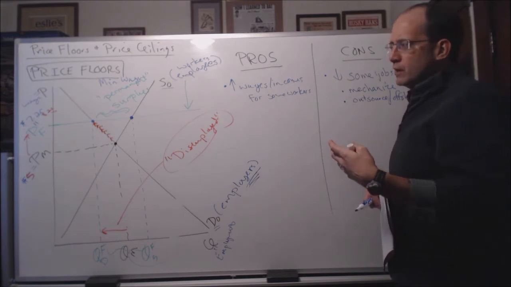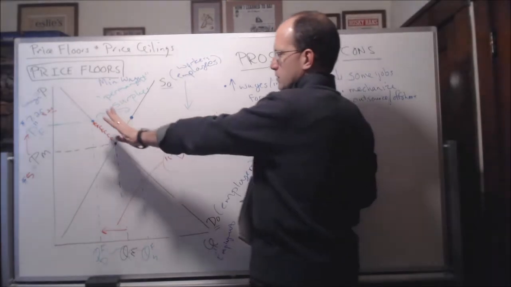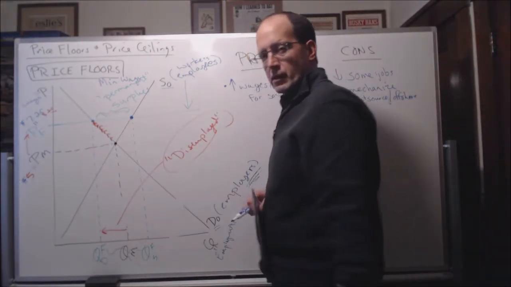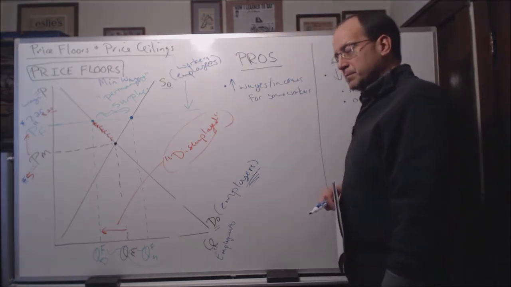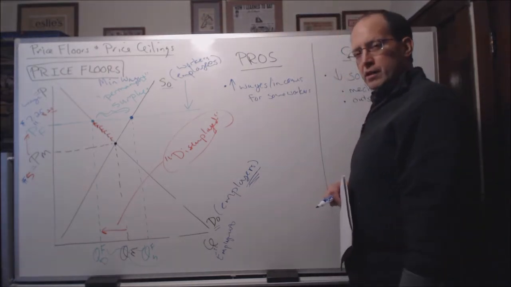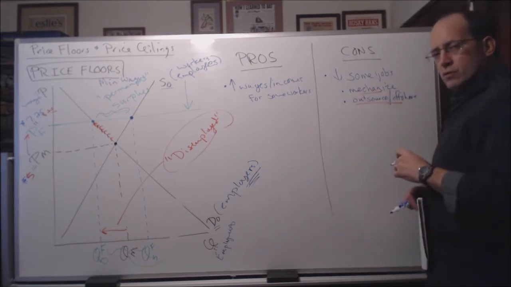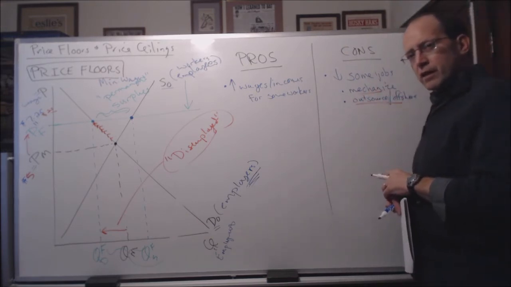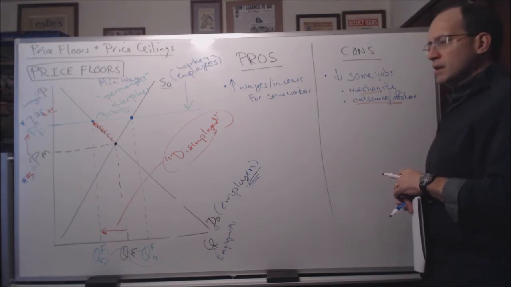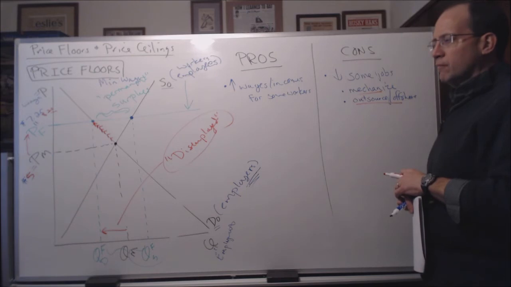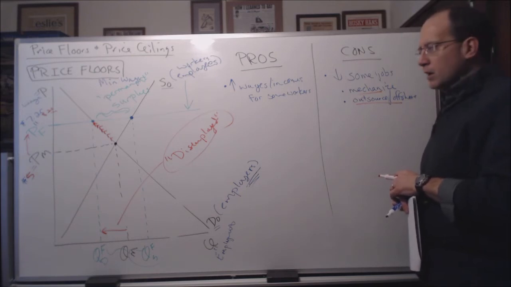So in the short run, this demand curve is pretty steep, and so we don't see a big quantity reduction. However, over time, when those employers have had a chance to adjust and mechanize or outsource or do other sorts of things to refine their production process, then the employment effect is much larger. And so it is a relatively significant effect in the longer term, something of some concern.